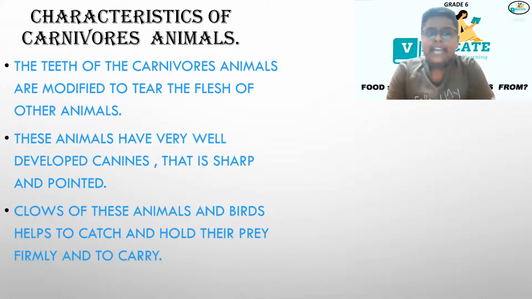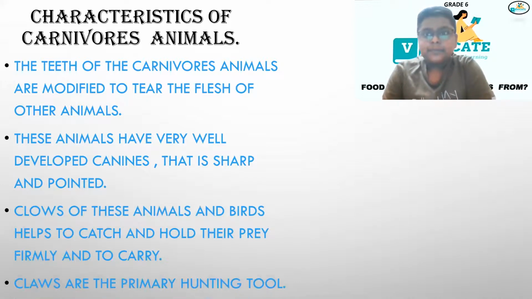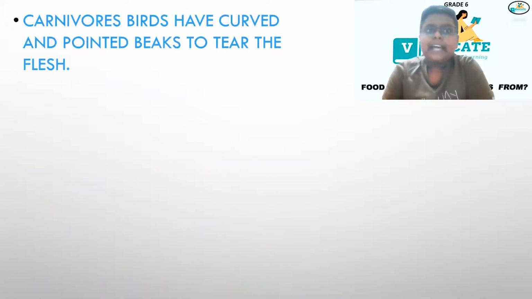Claws of these animals or birds help to catch and hold their prey firmly and to carry it. Carnivorous birds have curved, pointed beaks to tear the flesh.